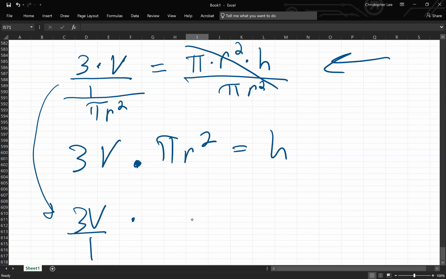So then divided by 1 over pi r squared. That's right. It actually starts off as pi r squared over 1. Then you do 3v over 1 times 1 over pi r squared. Multiply straight across, you get the same answer.